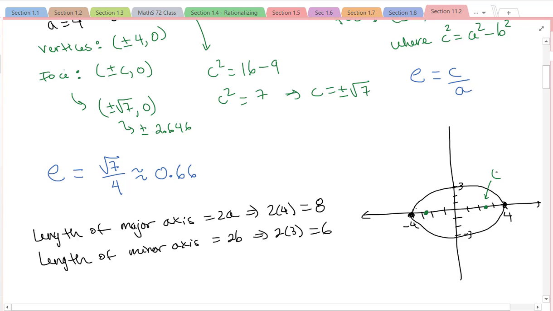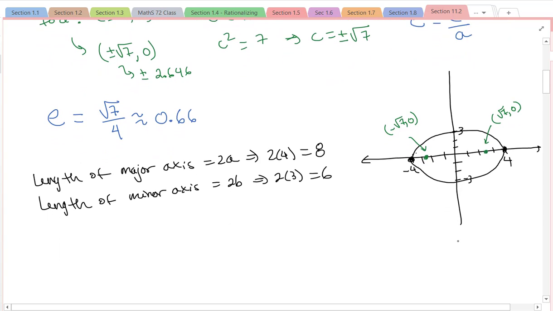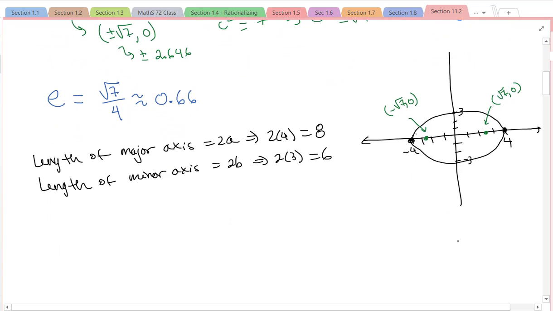So I will say this is the square root of 7 comma 0, and this one is negative square root of 7 comma 0. And the eccentricity is 0.66, so we get a slightly elongated ellipse. So make sure that when you graph these, especially in a quiz, you label your vertices for the major axes, and might as well do the minor axes as well, and the foci.